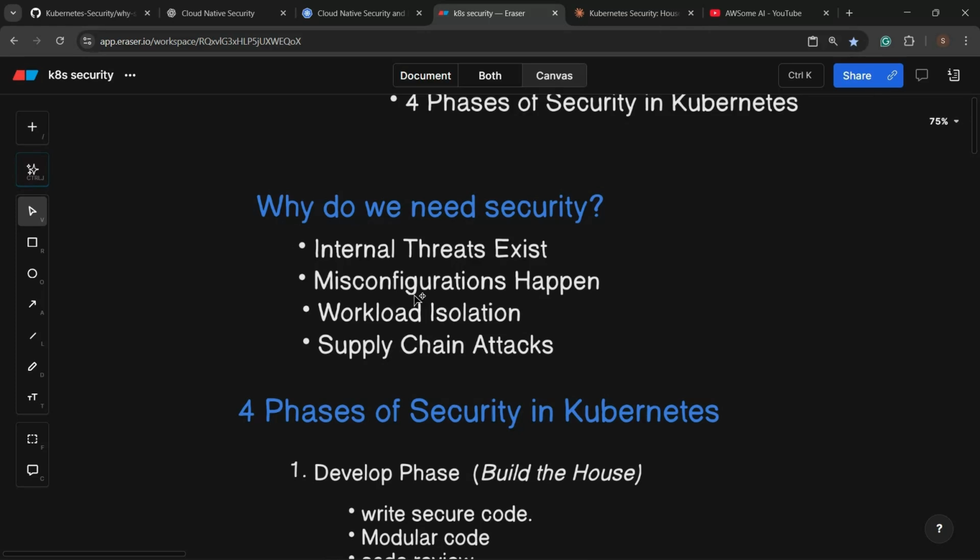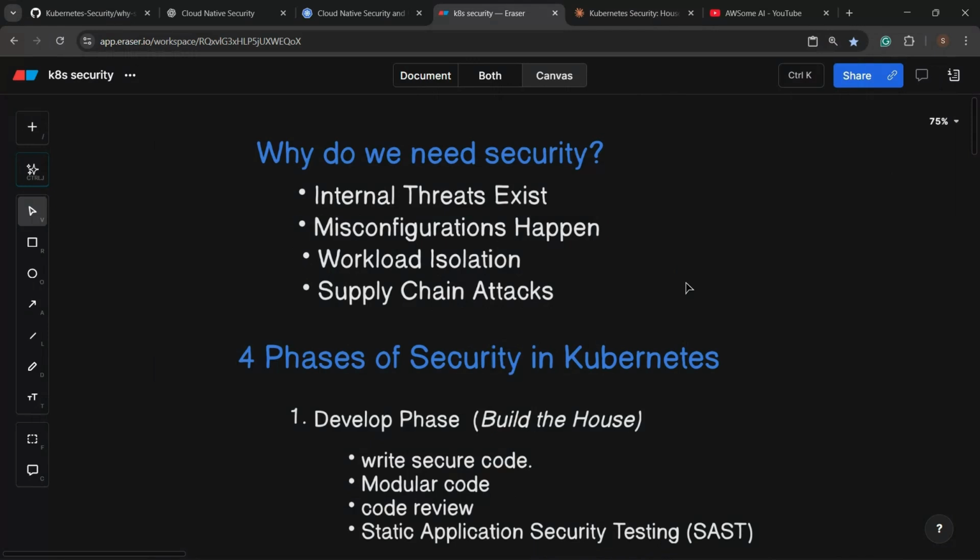A user from one team can knowingly or unknowingly access the things of another team. Supply chain attacks: you may push your images to registries, use third party libraries and dependencies, and also use base images which you don't know are already hacked or vulnerable. So all those things should be measured.